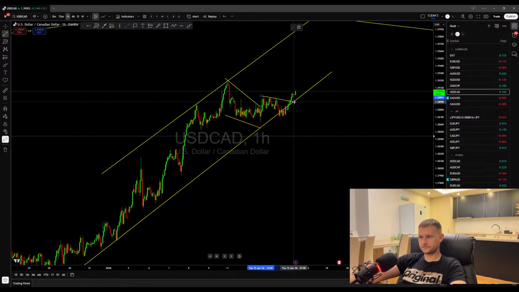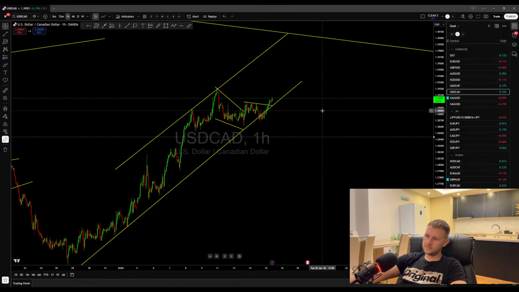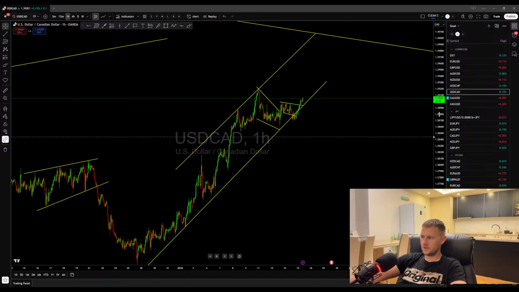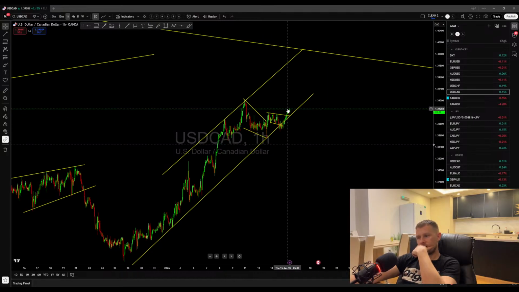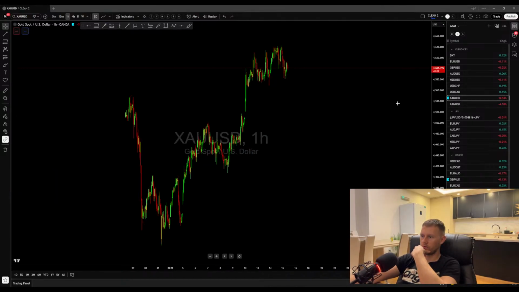Exactly. But no momentum, you see? It's not looking that great, and I wouldn't trade it because I don't like to take these slow kind of movements, slow volatility movements. It's too slow, really. I won't chase it.